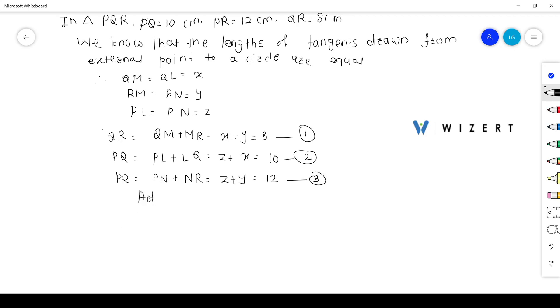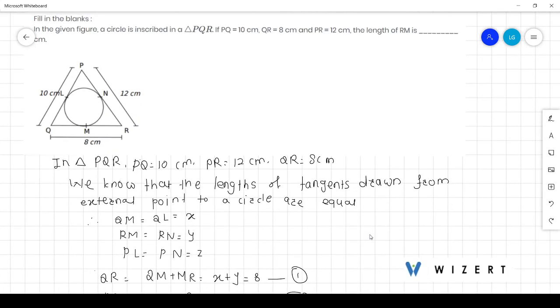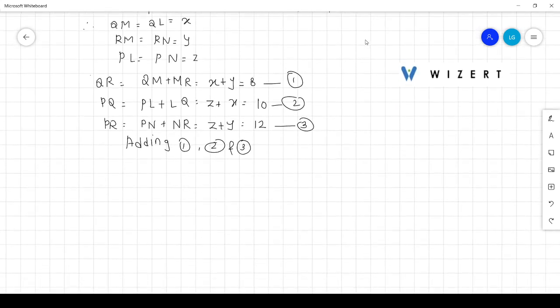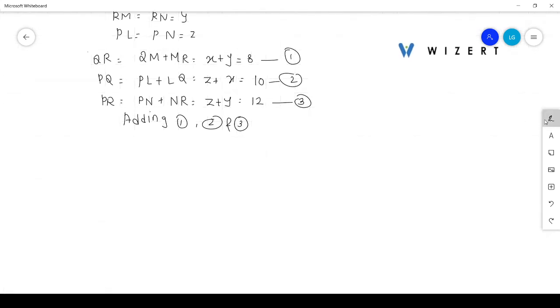Now adding 1, 2 and 3, as here we have to find the length of RM, and length of RM means we have to find the value of Y here.